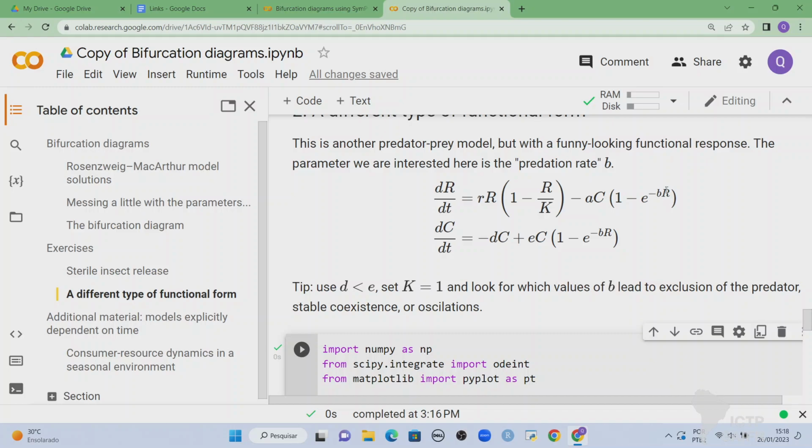The dimension of r is related to the carrying capacity. K is 1, so r is close to 1. So 0.1 will be small, 5 will be large. Again, when I do this, it looks very simple, but in your own problems it will be harder. With experience, you learn to recognize this stuff.